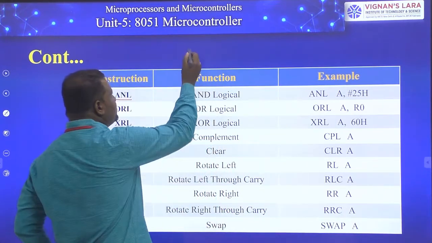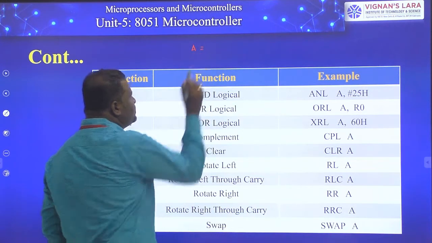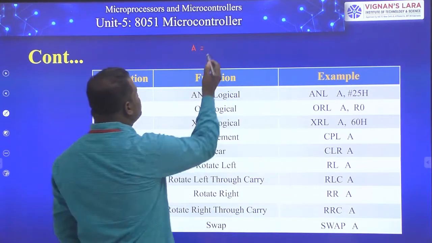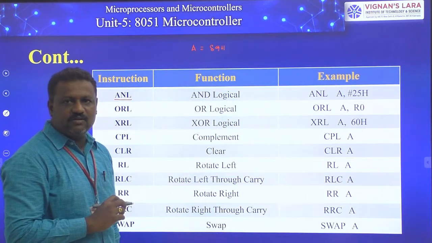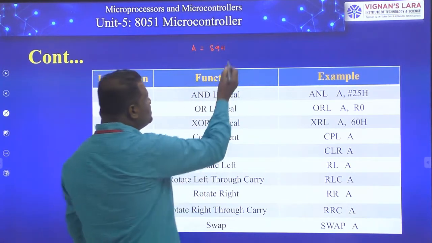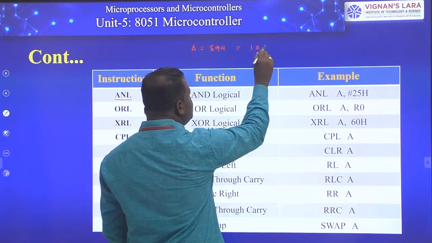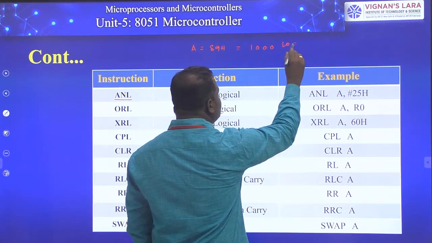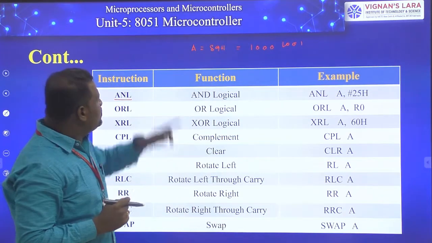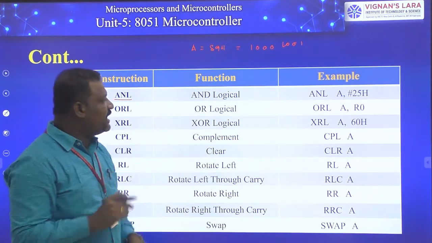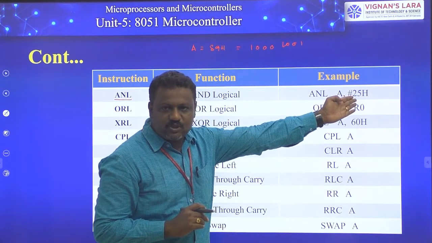Assume, friends, that before execution of this instruction, the value of A is 89H. What is its equivalent binary? 1000 1001. That is the binary equivalent of 89H. This A value is now logically ANDed with the immediate value 25H.